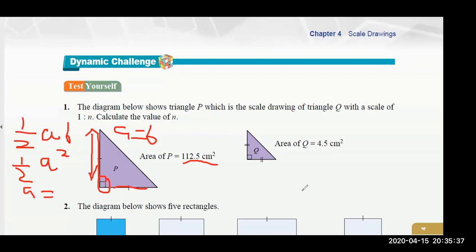You use 112.5 multiply 2 and then you square root it. Then you will get the answer, which is 15 cm. Can get the 15 cm or not?